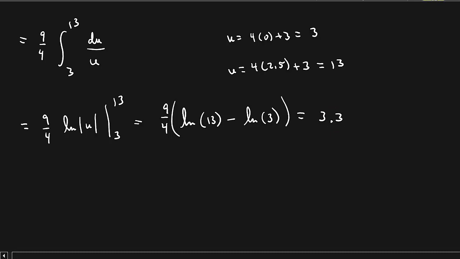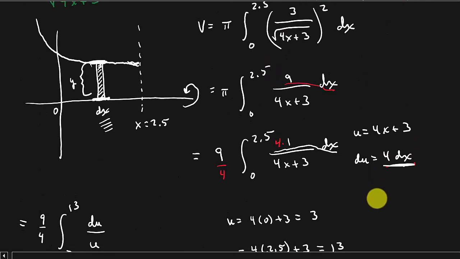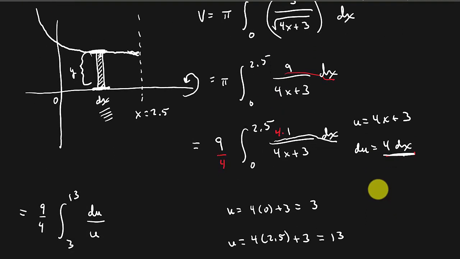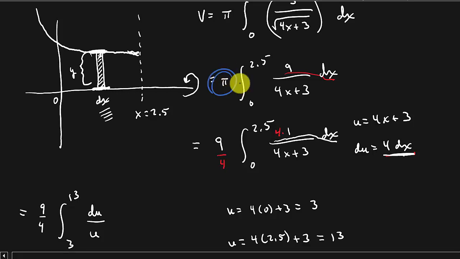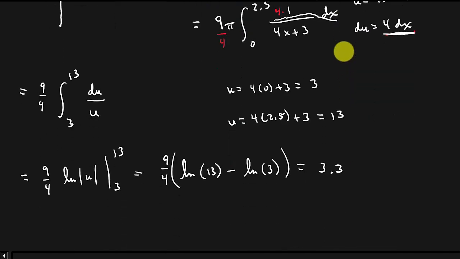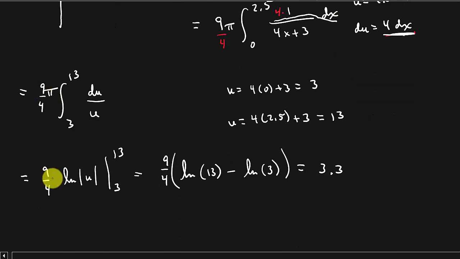Ha, and look what I did. Did I do something wrong in the problem? Yes, I did. What did I forget to do? And no, I did not do it on purpose, but I'm glad I did it. I forgot to bring the pi down with us. See that? We should bring the pi down.